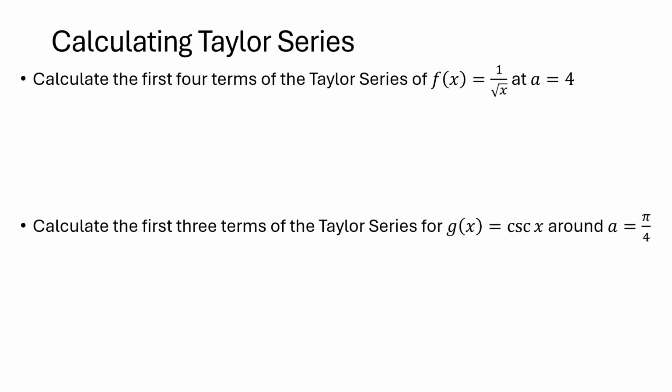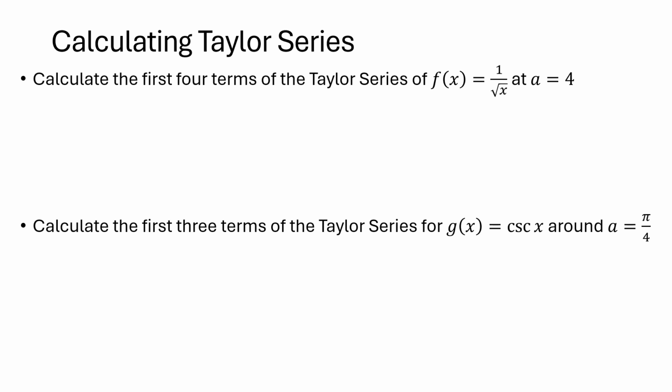Now that we've gone over the rules, let's go ahead and calculate Taylor series. By the way, we could calculate Maclaurin series, however, those are just a special case of Taylor series where we're centering at 0. Now, to calculate a full Taylor series, first of all, it's an infinite number of terms long, so technically you'd never finish, and to write it in sigma notation, you have to find a rule, which would be more work.